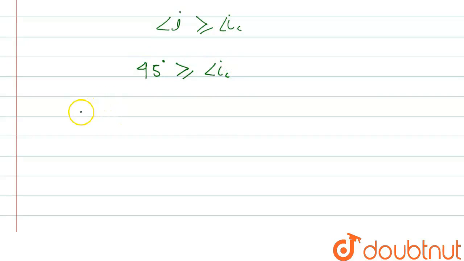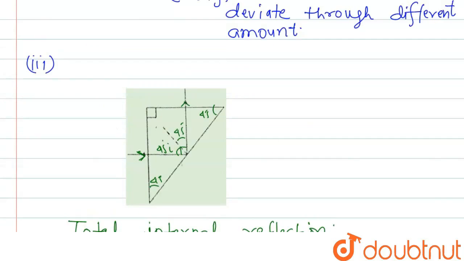So here we can write mu sine 45, for the material, this would be greater than or equal to mu 2, that is for air, into sine I. So here we see that the reflection is at 90 degree.